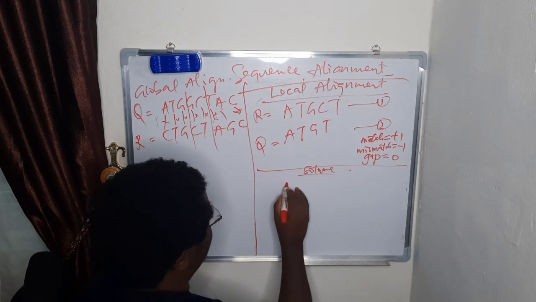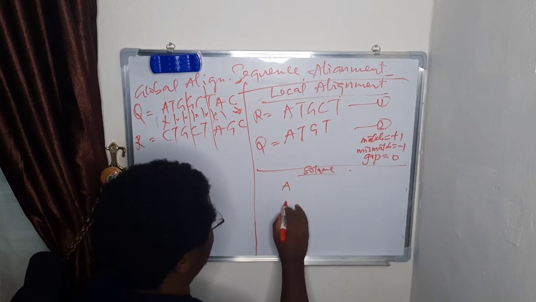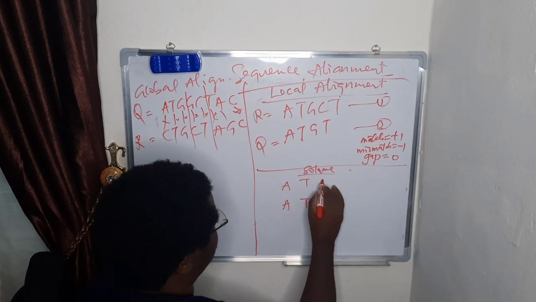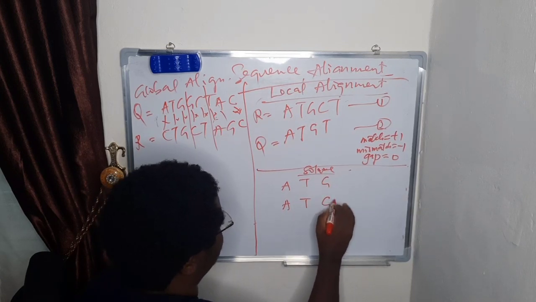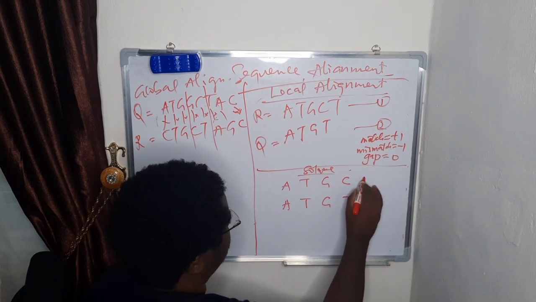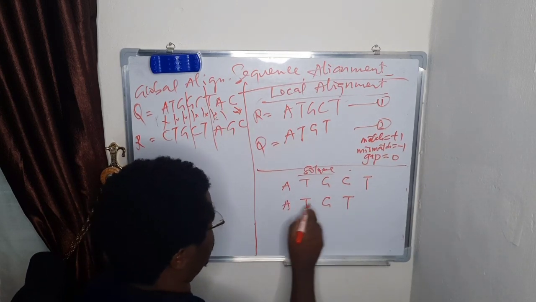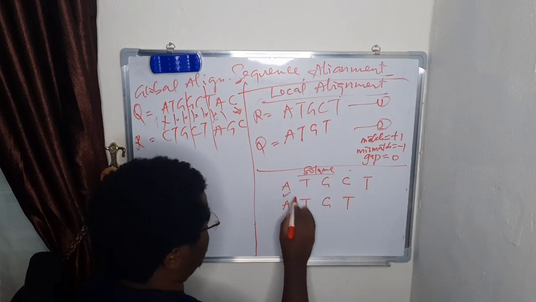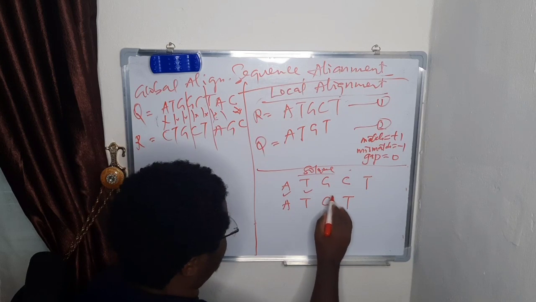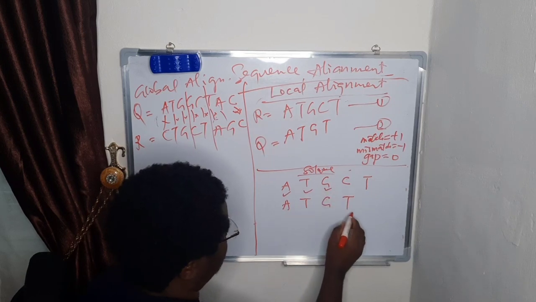You have A, T, T, G, G, C, T, T. You see, there's a match here, a match here, a match here.